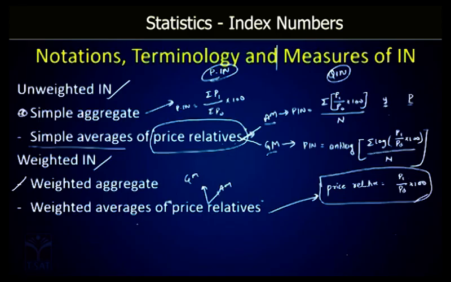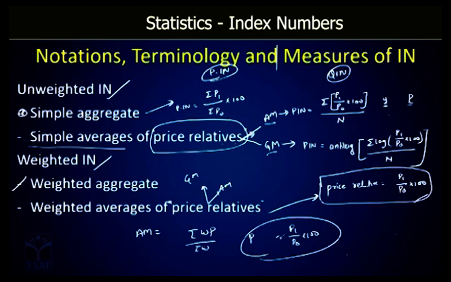The weighted average of price relative for arithmetic mean is given by summation W into P by summation W, where this P is nothing but the price relative. The formula is P1 by P0 into 100. And for geometric mean we have summation W into log P by summation W, the same P equal to P1 by P0 into 100.